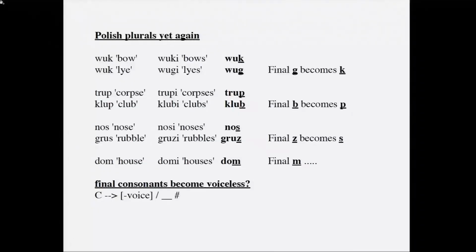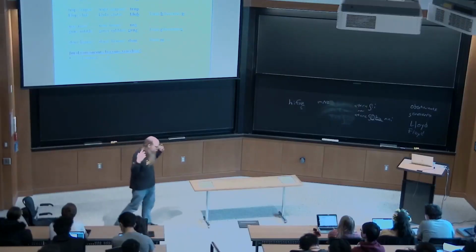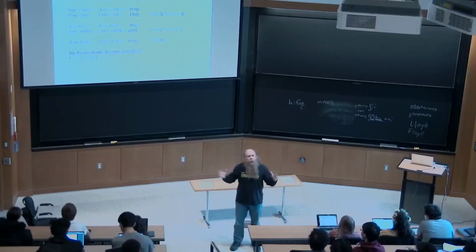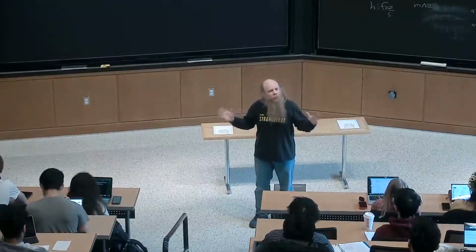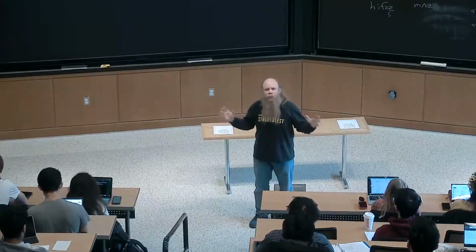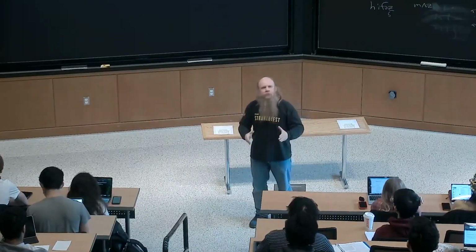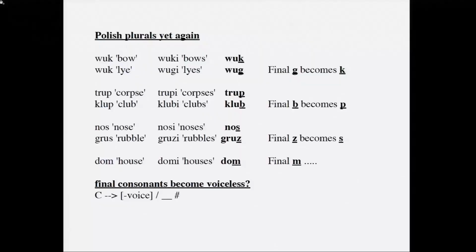And I have been incautiously saying things like "Polish devoices its final consonants," which was a lie. I try not to lie to you any more than I have to. It doesn't devoice its final consonants, because Polish has words like dom, which is the word for house, and that ends in a voiced sound.